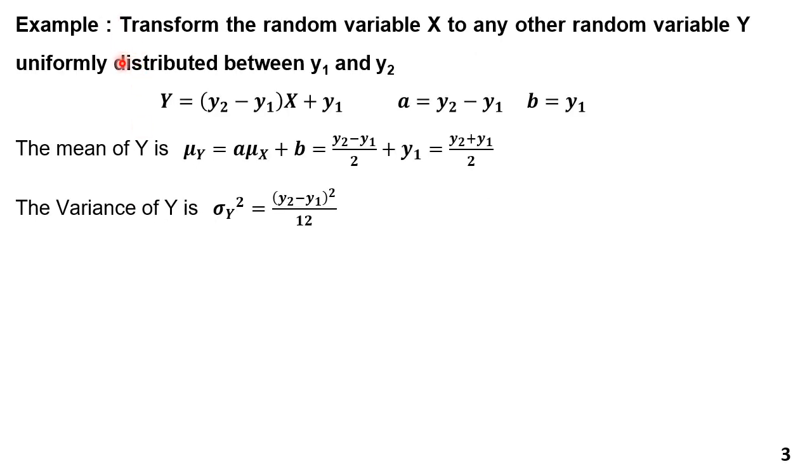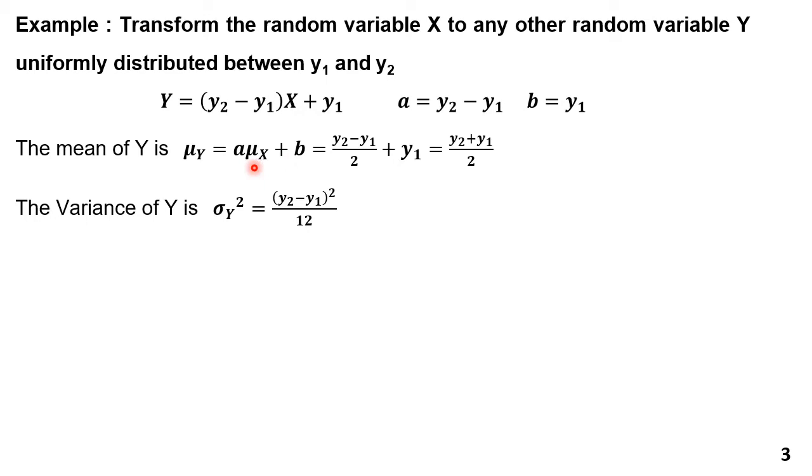We'll take an example. We need to transform the random variable x to any other random variable y uniformly distributed between y1 and y2. So y is defined as y2 minus y1 into x plus y1. Here you can observe that it is in the form of ax plus b, where a is equal to y2 minus y1, b is equal to y1. The mean of y, mu y, is equal to a into mu x plus b.